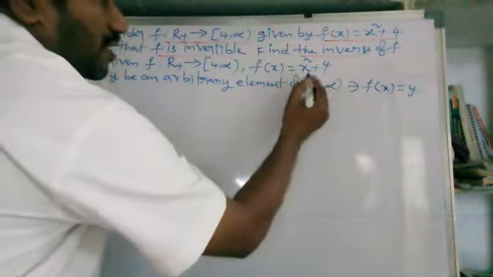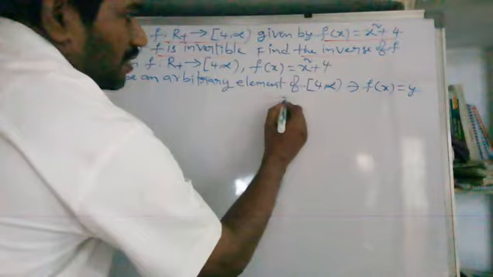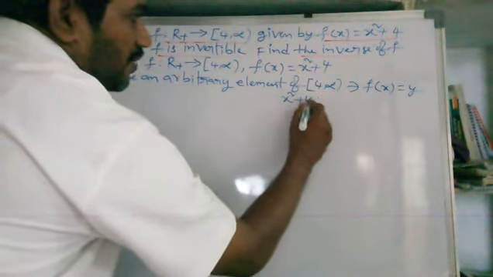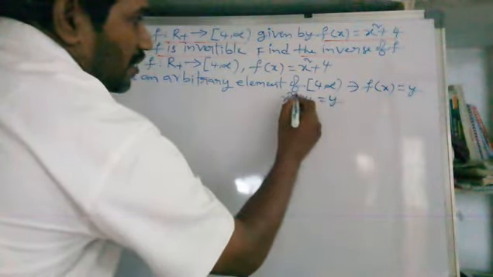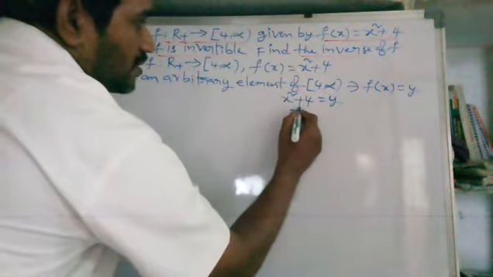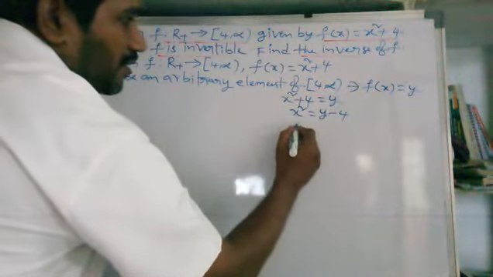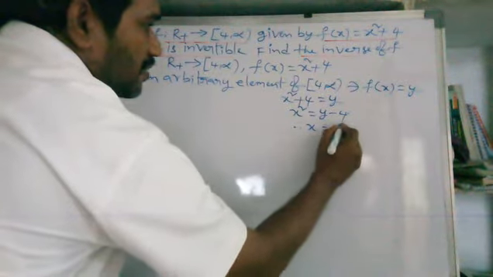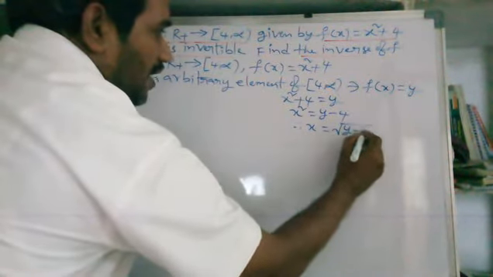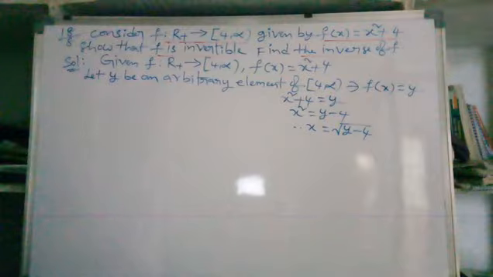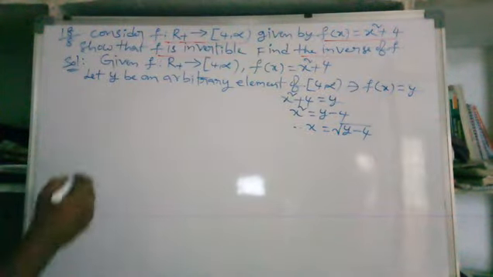Replace f of x by x square plus 4, so x square plus 4 is equal to y. Then x square is equal to y minus 4, taking 4 to the other side. Therefore x is equal to square root of y minus 4. This is the x value.